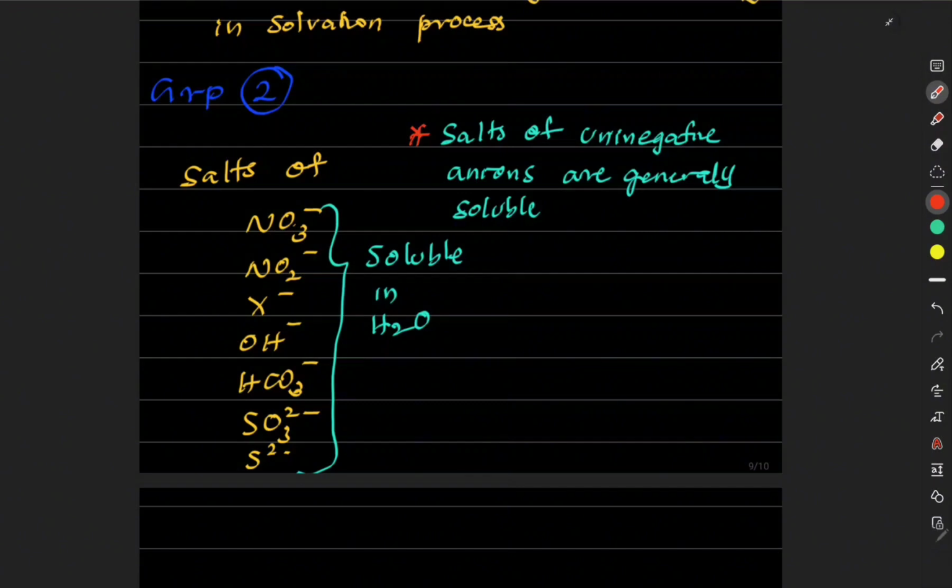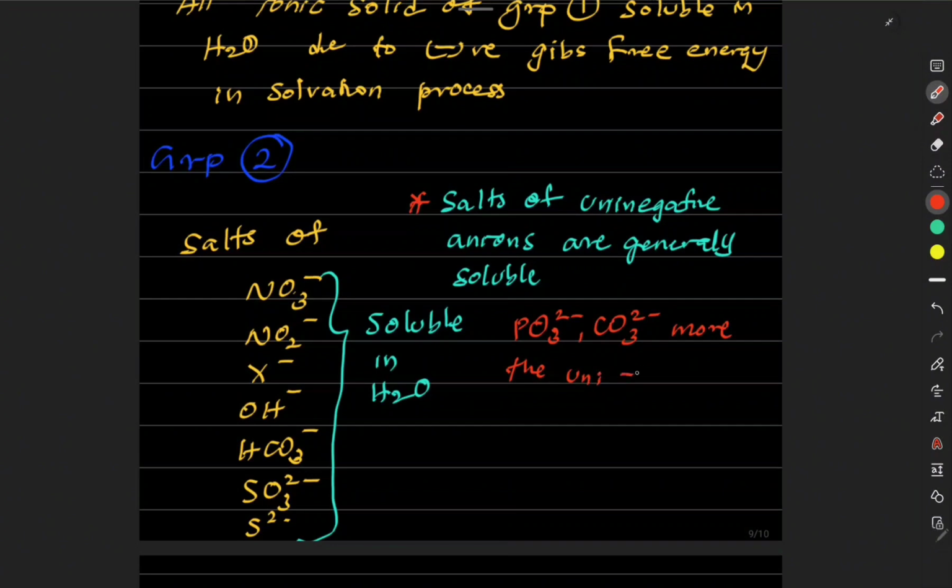The compounds that contain more than one negative charge, mostly something like phosphate and carbonate which contain 2 minus, are not uni-negative, and they are not soluble in H2O.